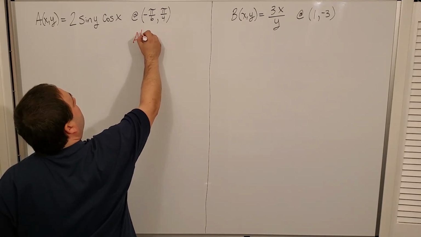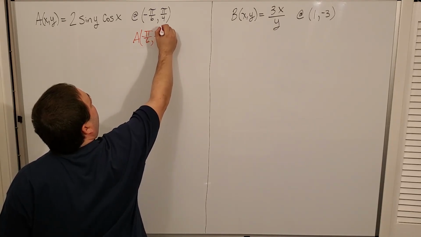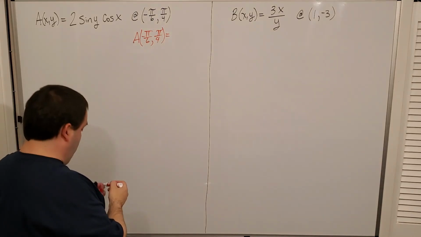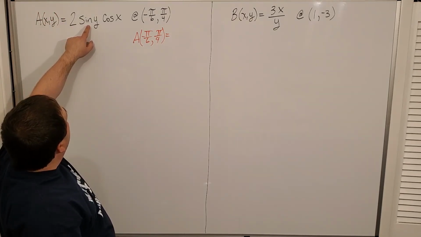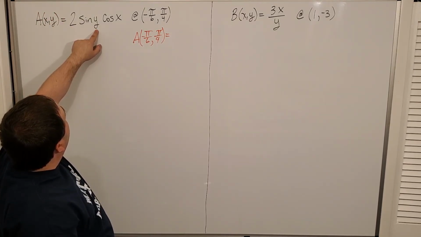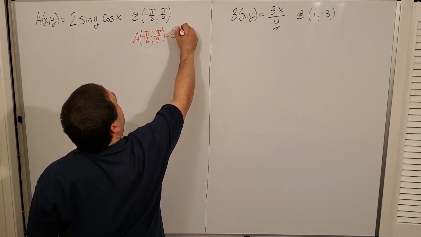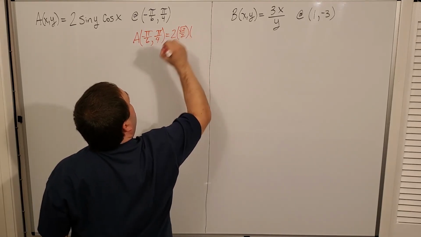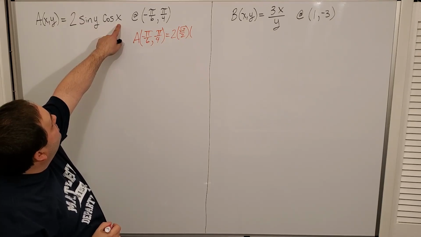A of negative pi over 6, pi over 4 is going to be equal to, let's plug it in, sine of pi over 4, which is square root of 2 over 2, and then cosine of negative pi over 6.